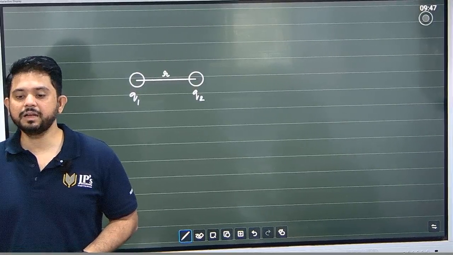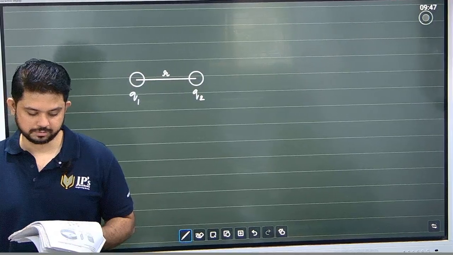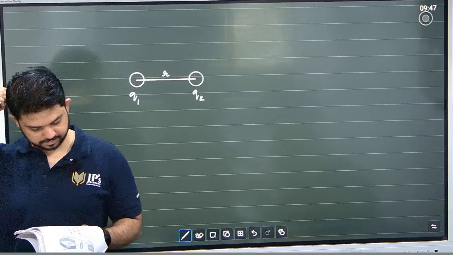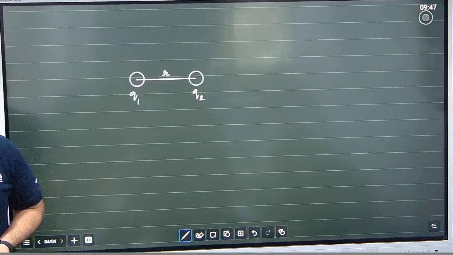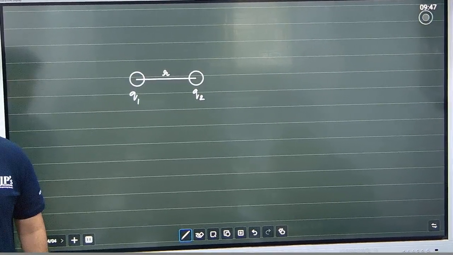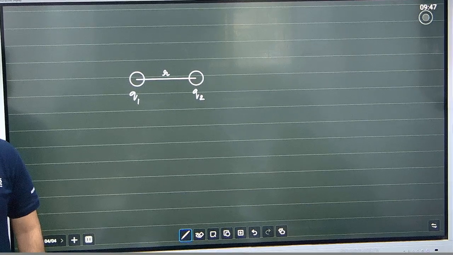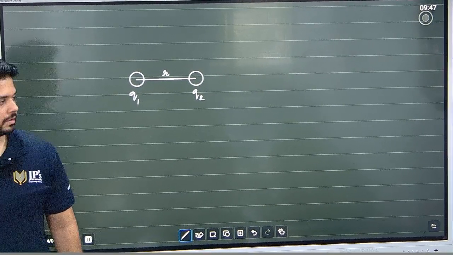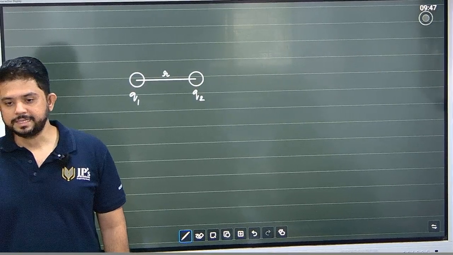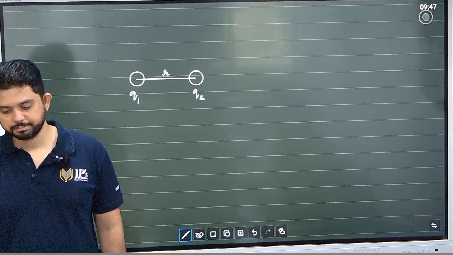And 1 in 20,000 deflected back. You can also write bounced back. 1 in 20,000 bounced back.